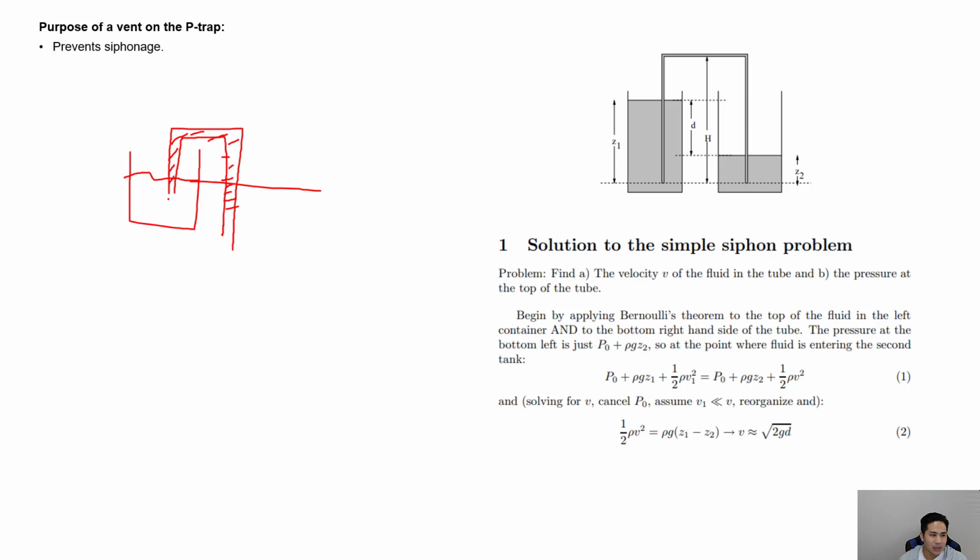This water will now completely drain out through this tubing from the bucket of water here, and that's basically through siphonage. As long as the tube is also extended all the way down to the bottom of this bucket.